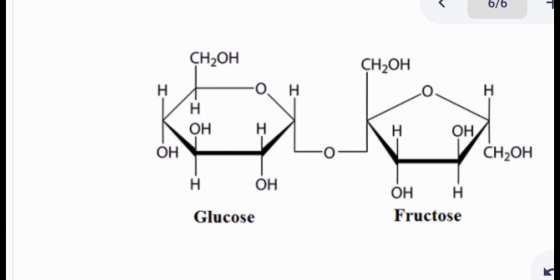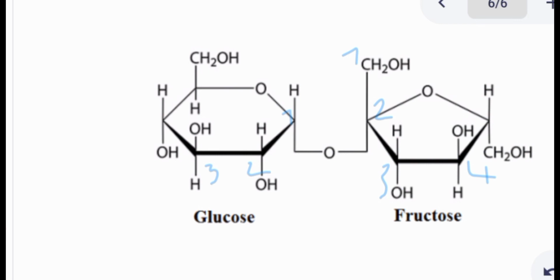Then going to sucrose. This is the first carbon of fructose, second, third, fourth, and so on. Then this is the first carbon of glucose here, second, third, fourth, and so on. So we see there's formation of the bond by OH that is located downwards.